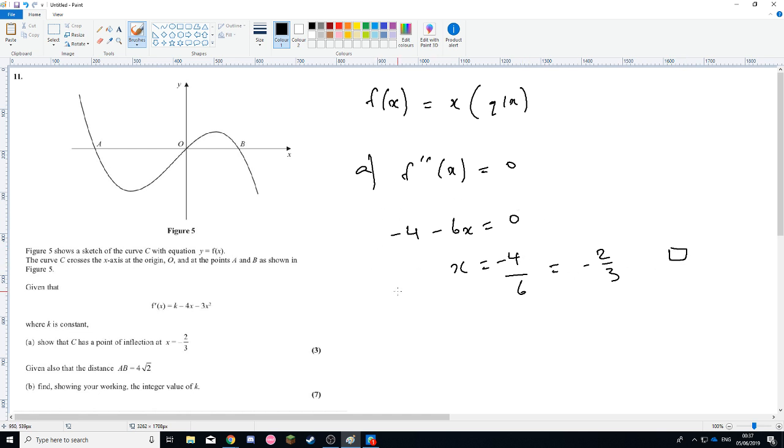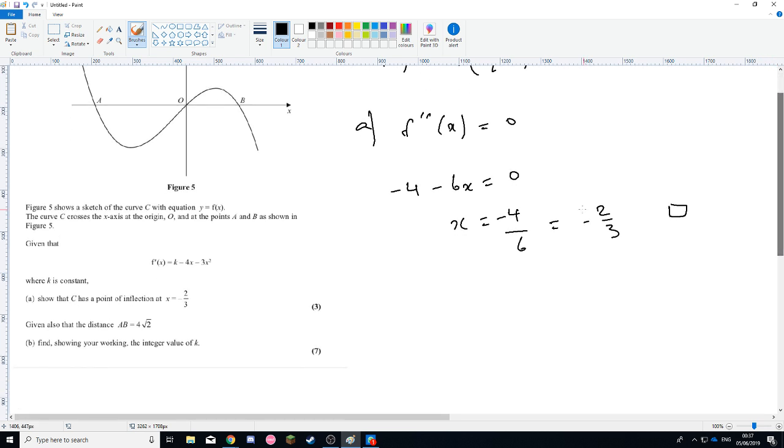Okay, part B. As I was saying, this curve has no constant. We're given that f prime of x can be written in this form: k minus 4x minus 3x squared. Now f of x is going to be the integral of this, correct?